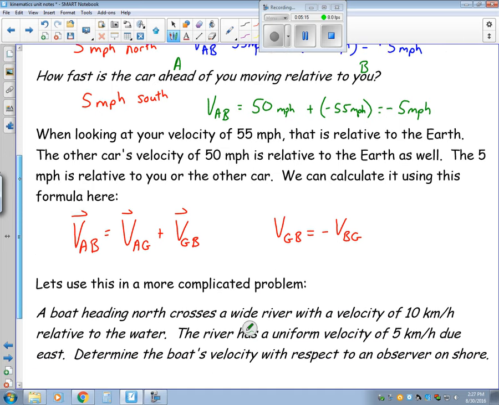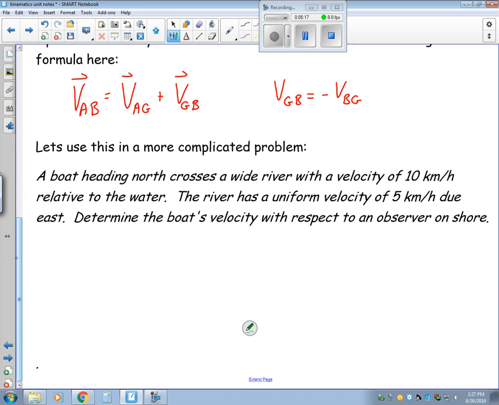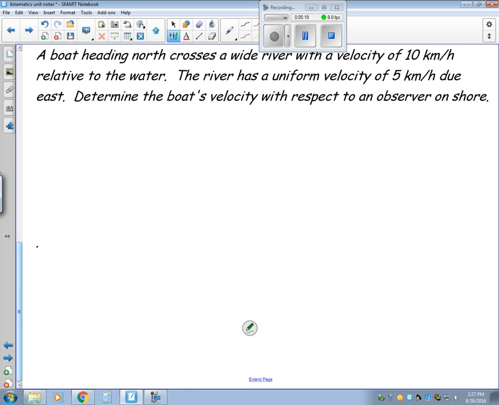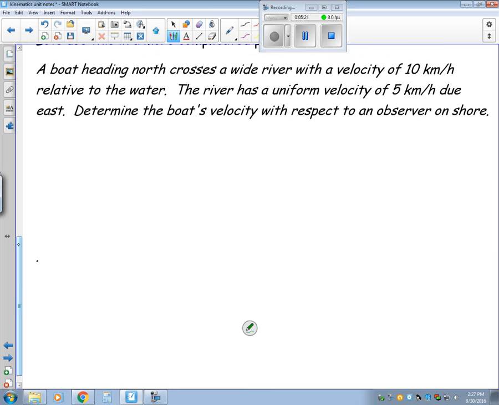All right, let's look at another example, something a little more complicated. We have a boat heading north across a wide river with a velocity of 10 kilometers per hour relative to the water. The river has a uniform velocity of 5 kilometers per hour east. Determine the boat's velocity with respect to an observer on the shore.